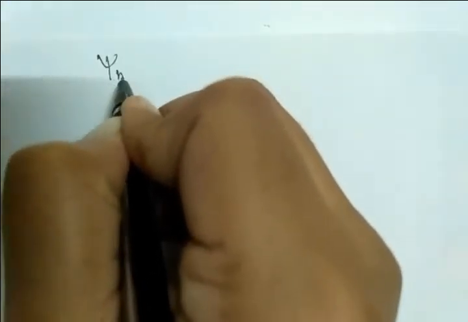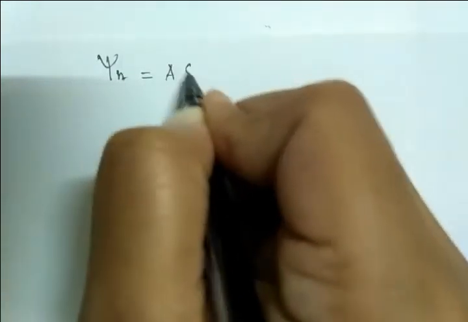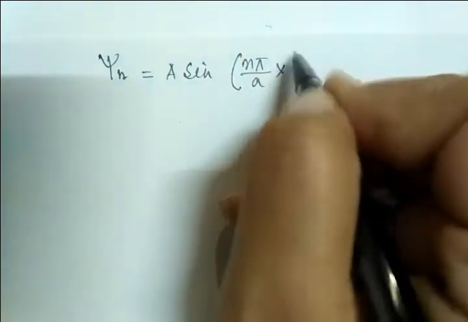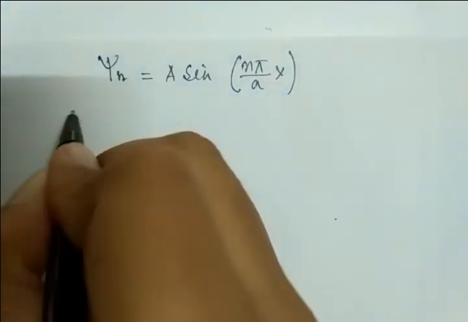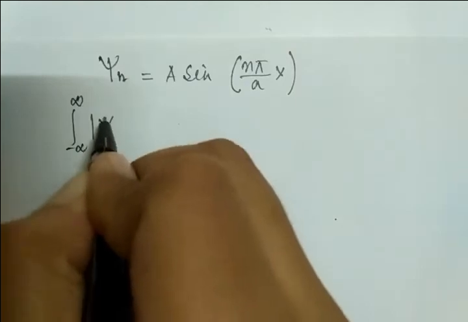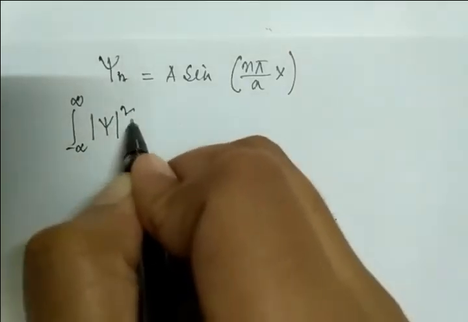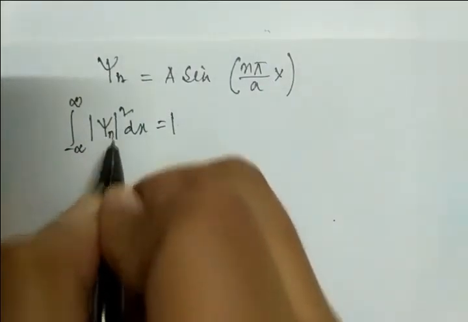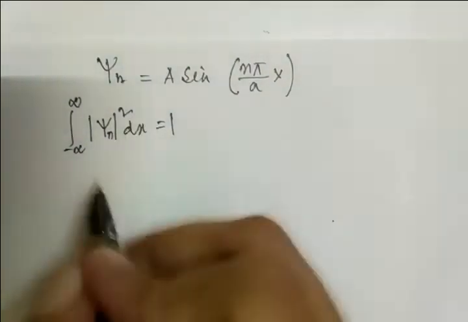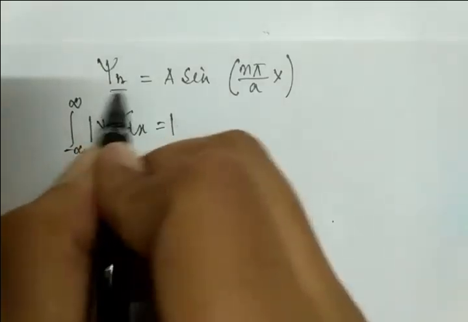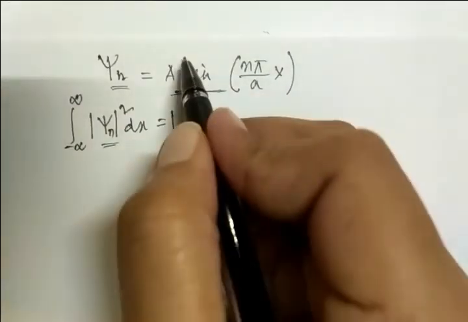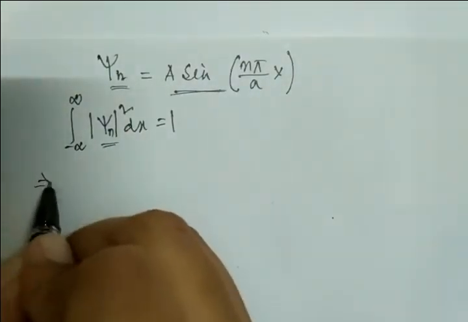Here we will begin this portion. We have already obtained psi n equal to A sine kx, where kx means n pi by a into x. But we know that from minus infinity to infinity, this probabilistic distribution value should be equal to 1. Here psi means nothing but this psi n, and it will be the square value.